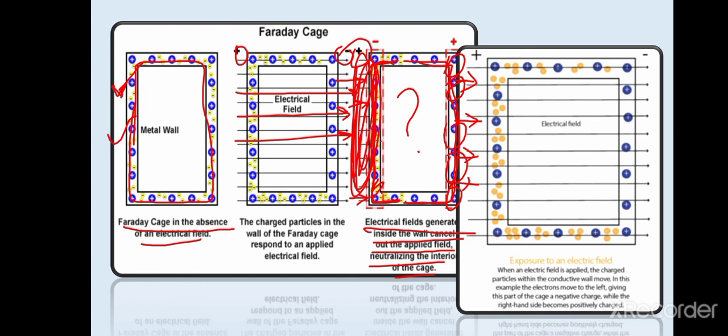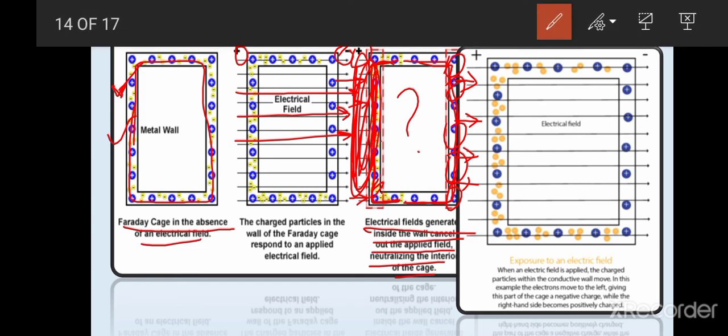When an electric field is applied, the charged particles within the conductive wall move. In this example, electrons move to the left, giving this part of the cage a negative charge, while the right hand side will become positive. That's why all the electric field lines on this side will be cancelled, leaving the inner side with no charge.